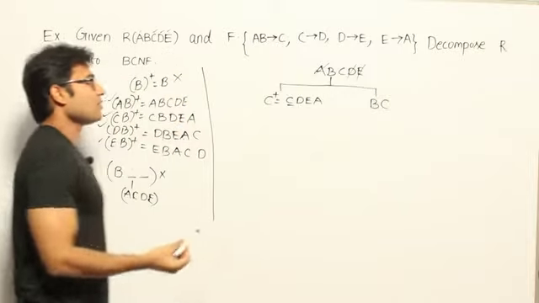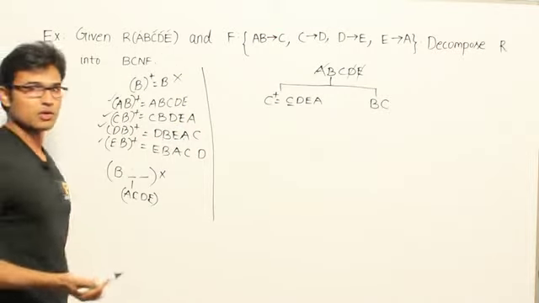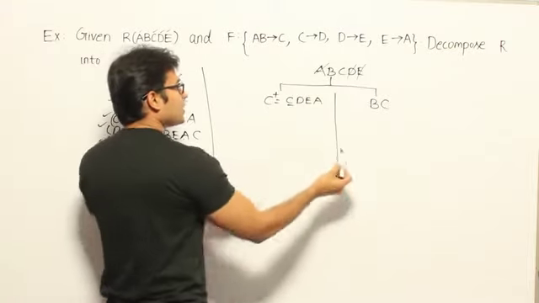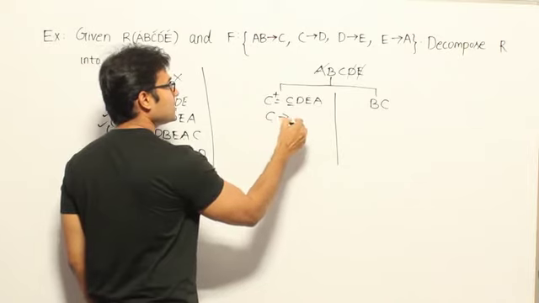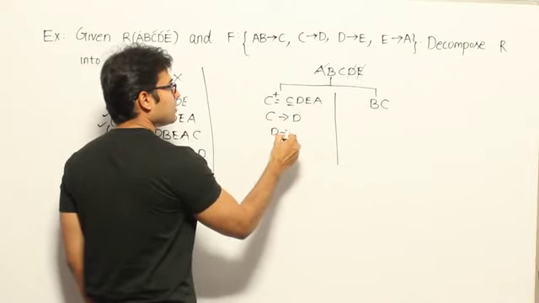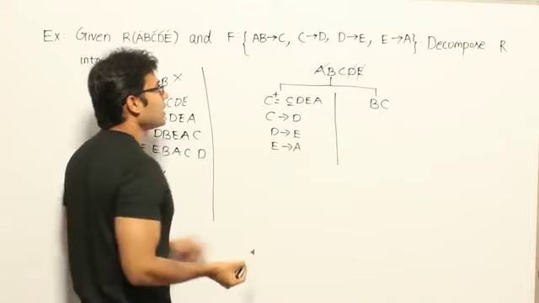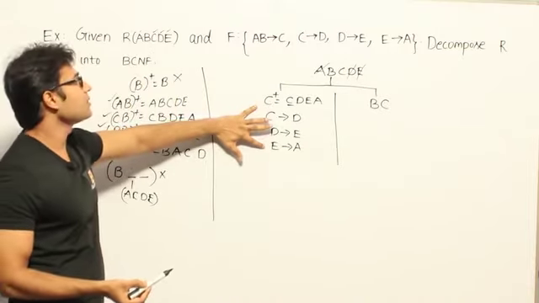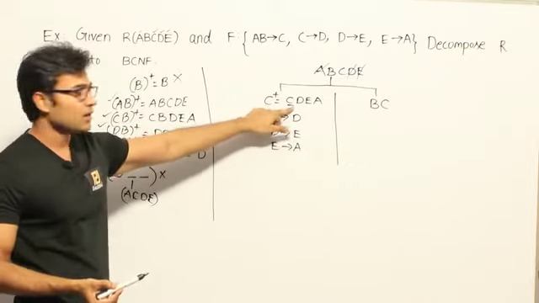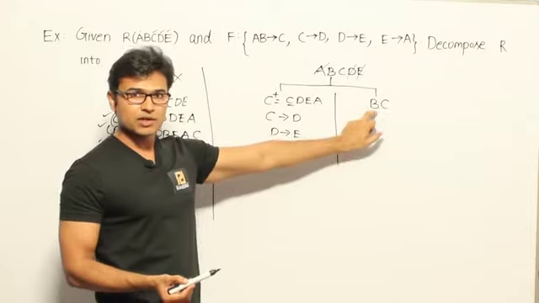Now let's try to find out what are the functional dependencies applicable on both of them. So on the first table, the functional dependencies applicable are, one is C determines D and D determines E and E determines A. Now AB determines C cannot be applied here because B is missing here. And similarly, what are the functional dependencies that hold on this?